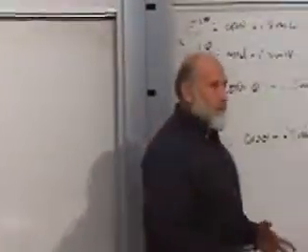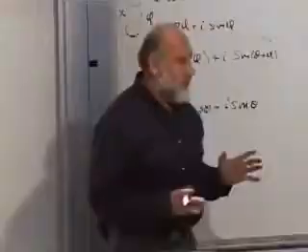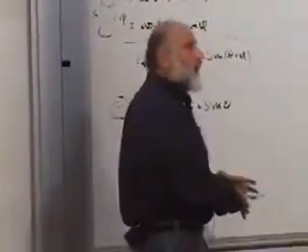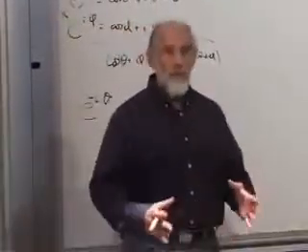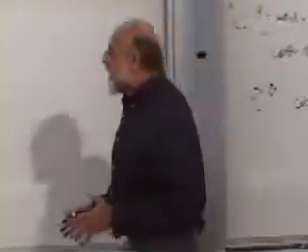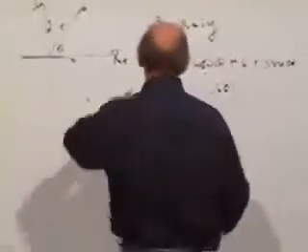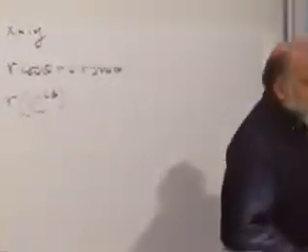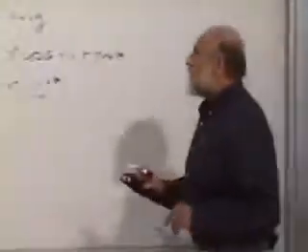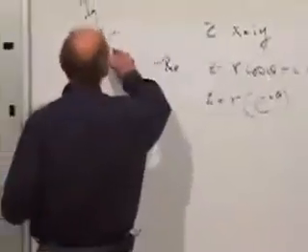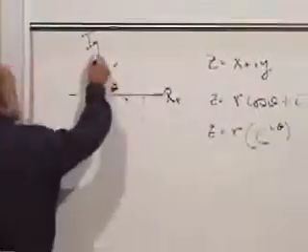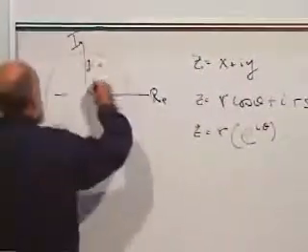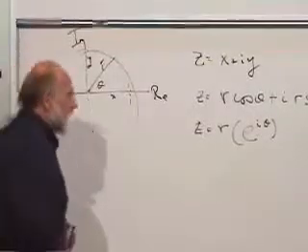Remember, a number times its complex conjugate is just the sum of the squares of the real and imaginary parts. So the numbers which have the form e to the i theta are numbers for which x squared plus y squared is equal to 1. In other words, they're numbers on the unit circle, on the circle of radius 1.